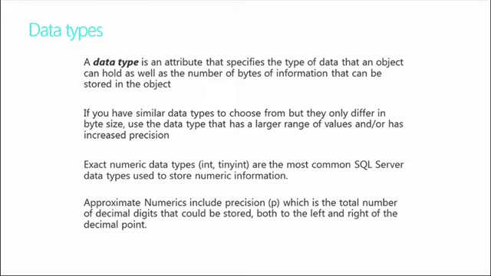Some exact numeric data types are int and tinyint, and these are probably the most commonly used data types because they're storing numeric information. And then we have approximate numeric types. These include precision, indicated by the letter P, which gives us the total number of decimal digits that can be stored both to the left and to the right of the decimal point.